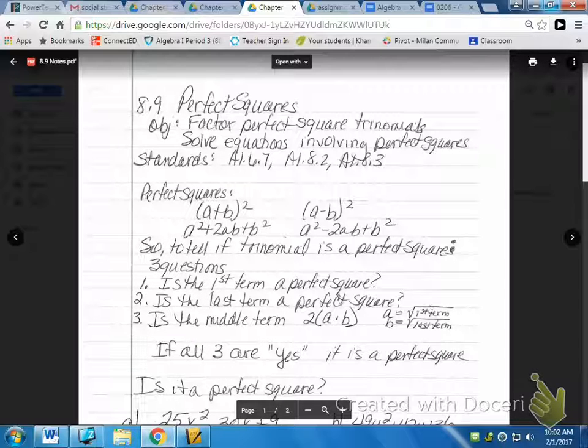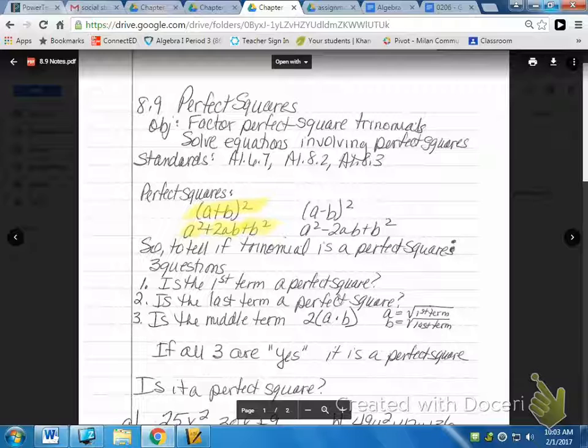So let's look at what we're talking about when we say perfect squares and trinomials. Basically, when we did the lesson on multiplying special products, we did these (a plus b) squared, and we said square the first term, multiply the two terms and double it, and square the last term.